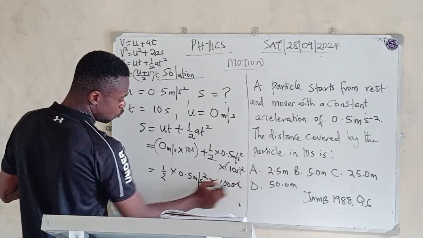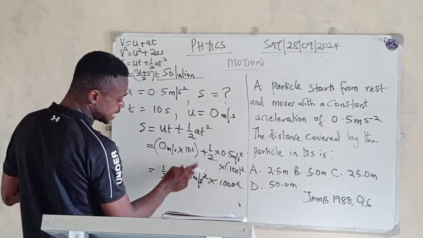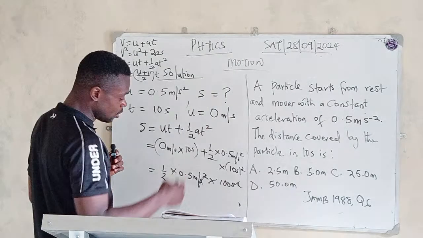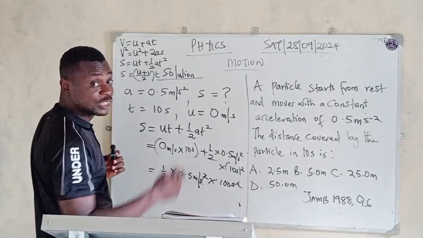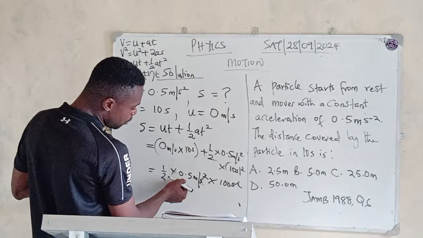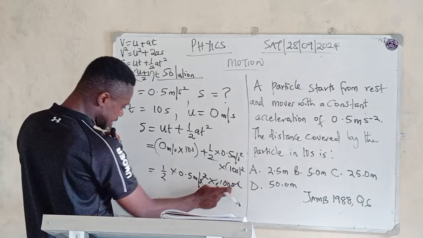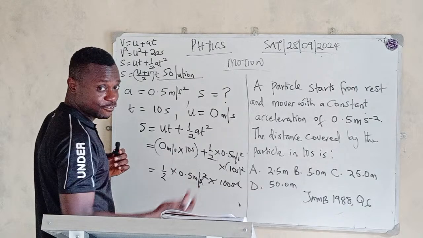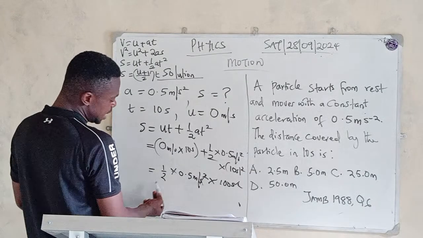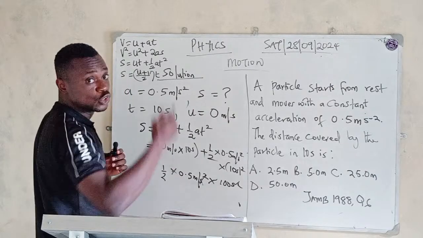This second squared will cancel this second squared. Remember that this is per second squared, so every second is gone. So we are left with meter, which is the unit of distance. So let's go. 0.5 times 100. Half of 100 is what? 50. Then half of that 50 is what? 25. The unit is what? The answer is what?